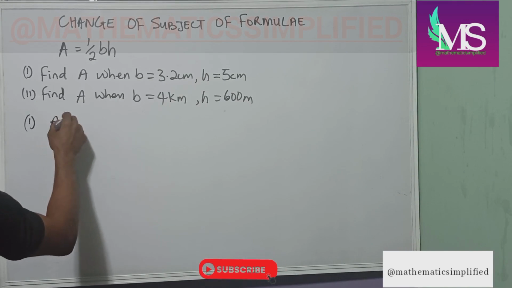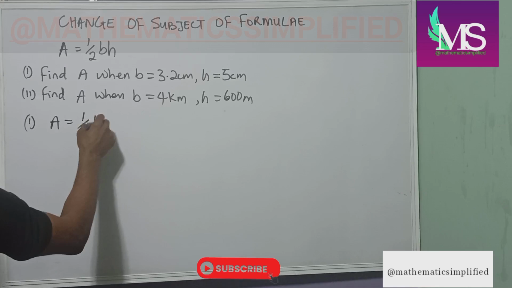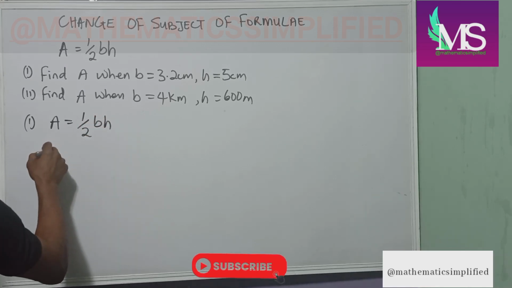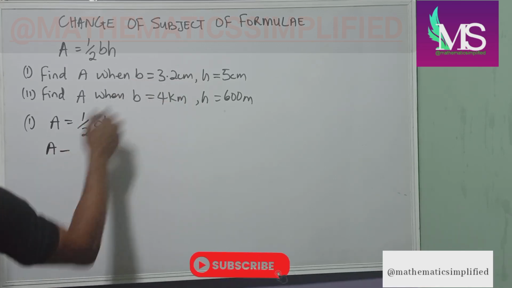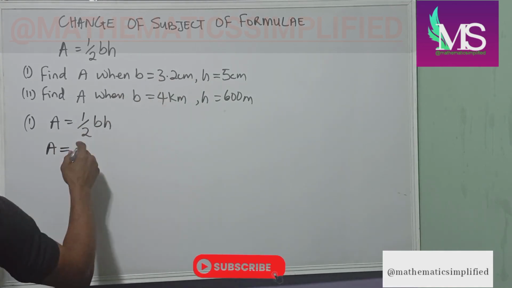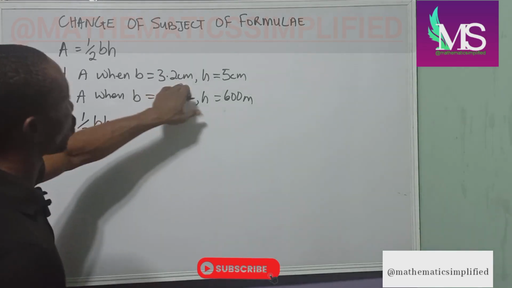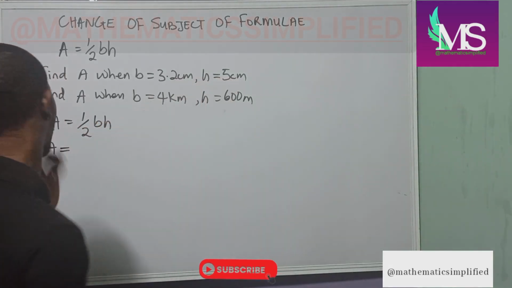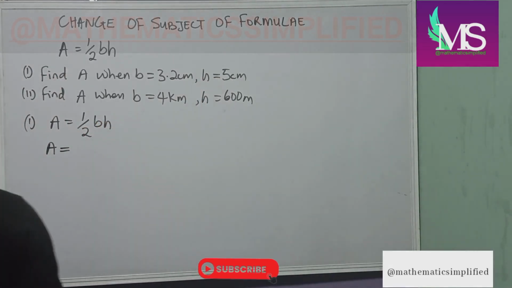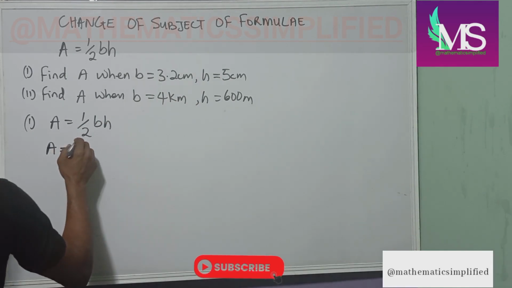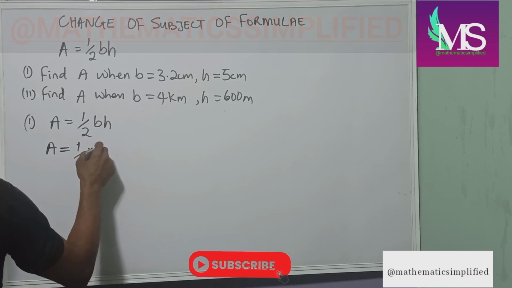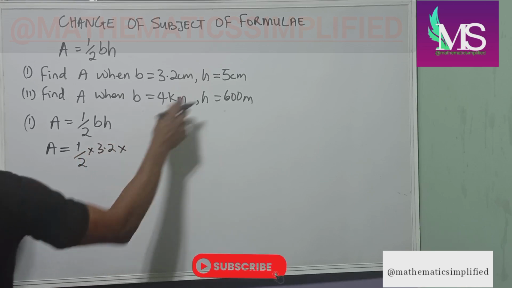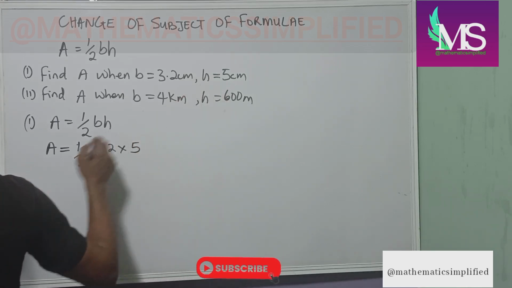We'll be given the formula A equals half base times height. So our base is 3.2. Now first of all, notice that these two are in centimeters, so we can go ahead and use them directly.